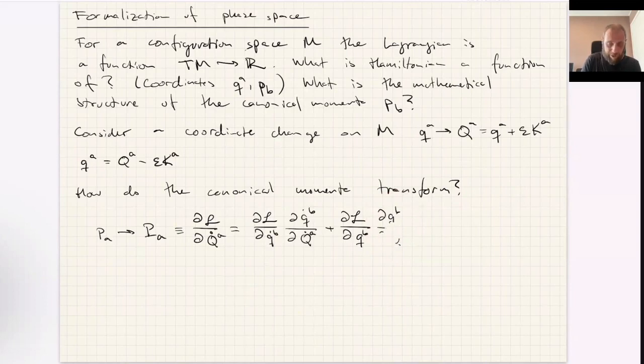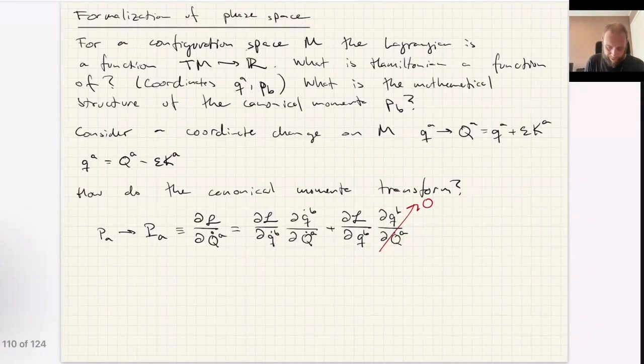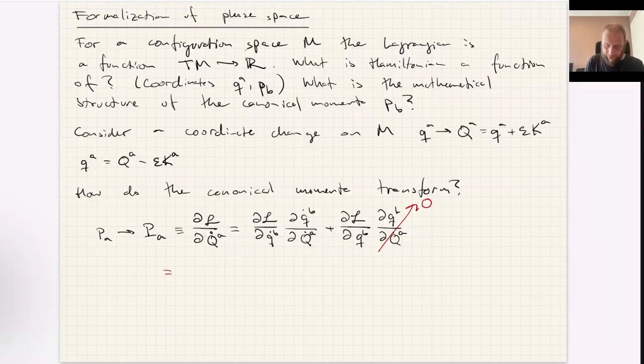Well, I could erase it, but it's more instructive to actually put it to 0. So that term is going to disappear. But let me also here write something for this derivative, dq dot b/dQ dot a.